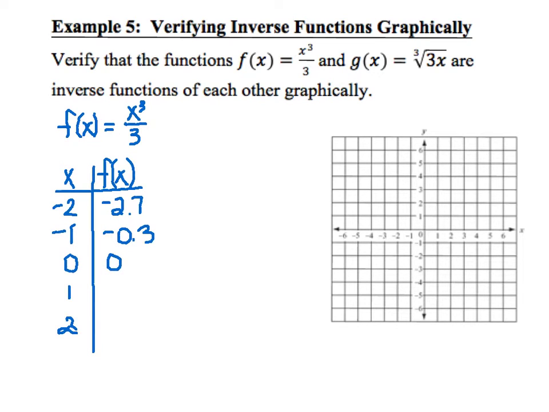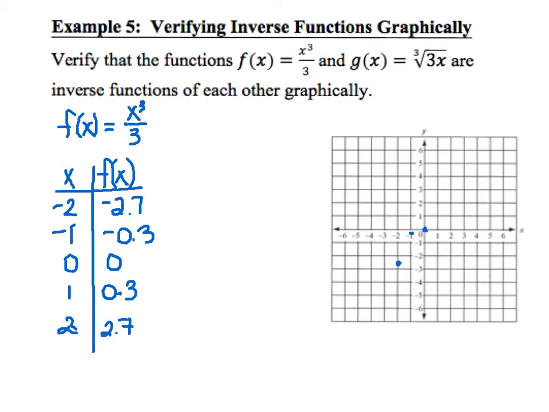Then plug a 1 in, you're going to get 1/3, which is 0.3. And if you plug a 2 in, that's going to give you 8/3, which is 2.7. So if we plot these points, go back 2, down 2.7, so you're going to have a little point somewhere around in here. Back 1, down 0.3, so you get that.